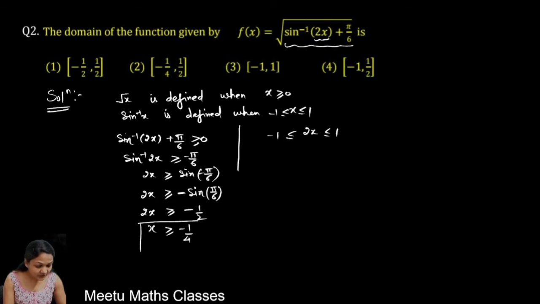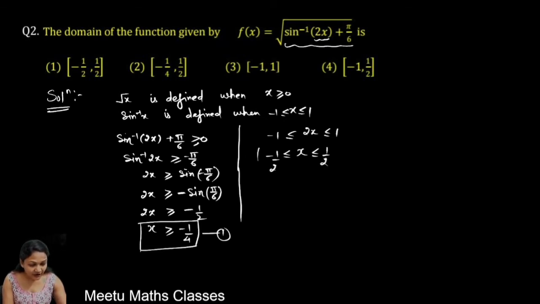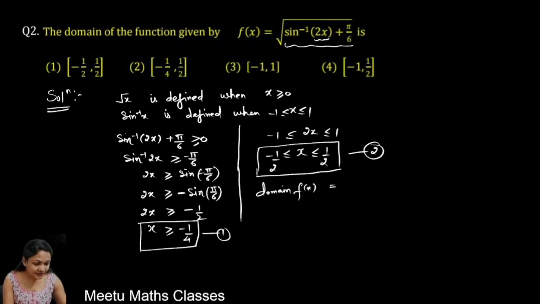This is one of the intervals. Now your second interval: if 2x lies between minus 1 to 1, then x must lie between minus half to half. So this is our second domain. So the domain of f(x) will be the intersection of these two.